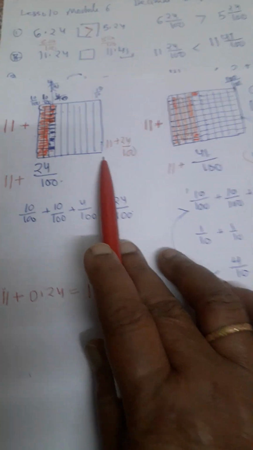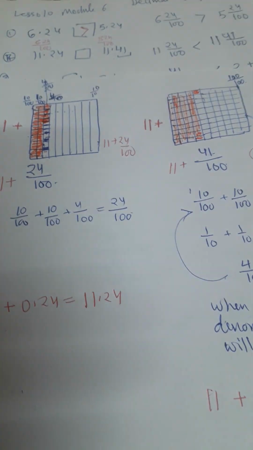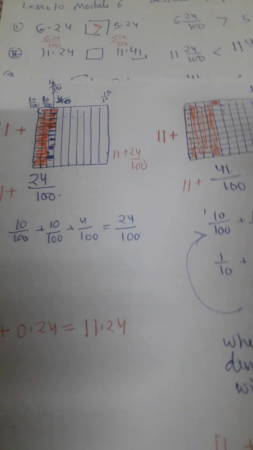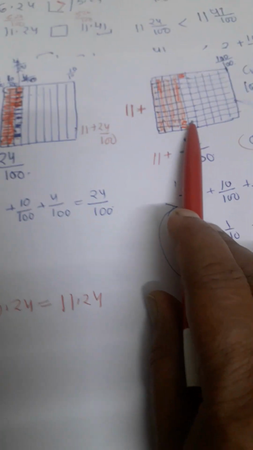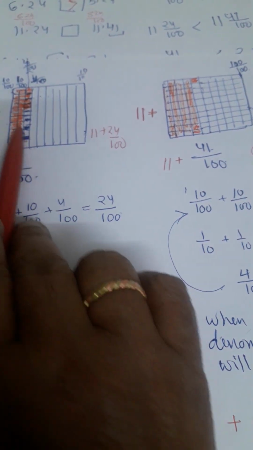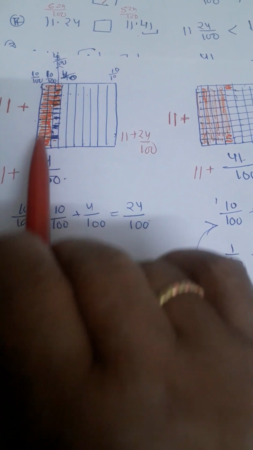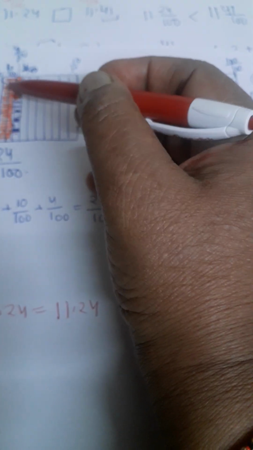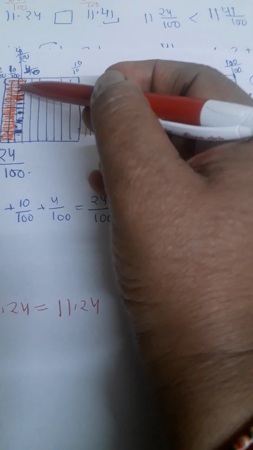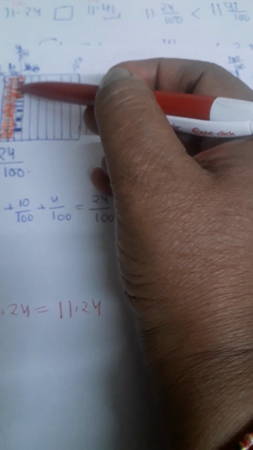If they say to write more, you have to represent it with a model. So this is an area model diagram. Here I have written 11 and 24 hundredths.